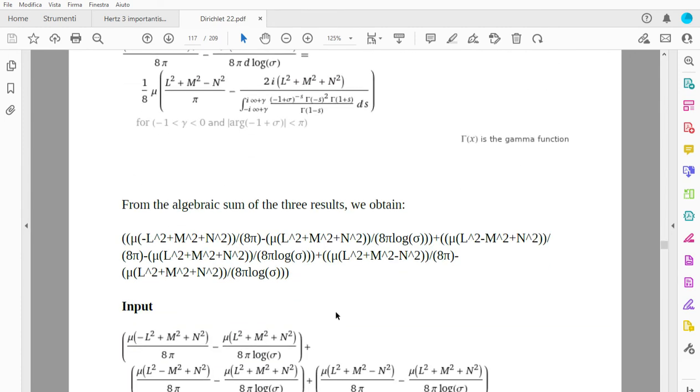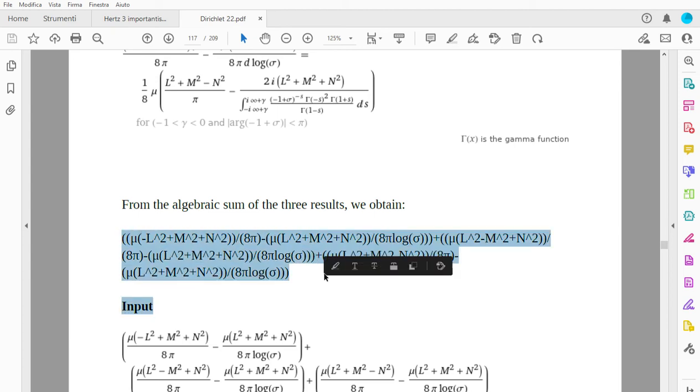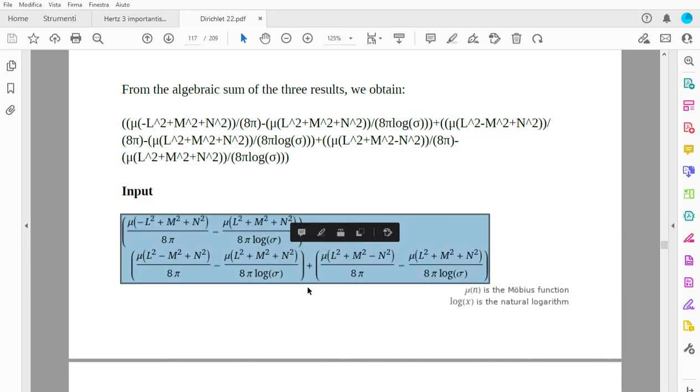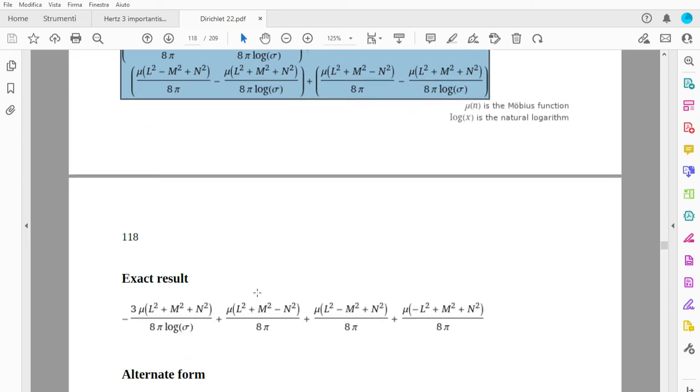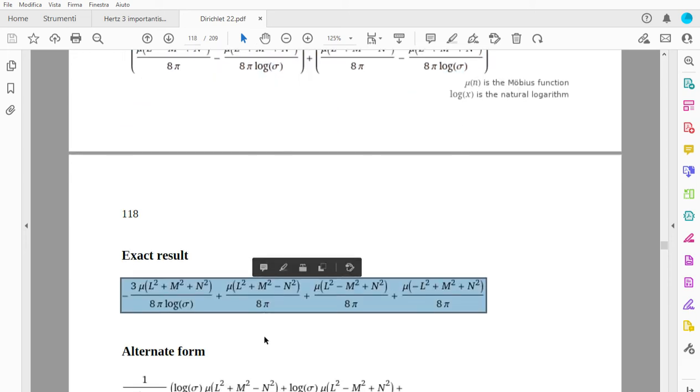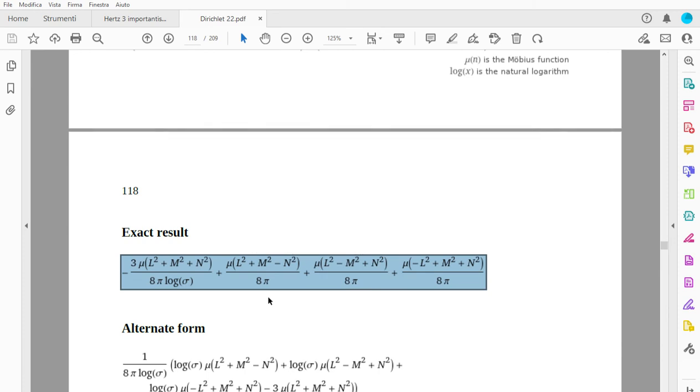Now, from the algebraic sum of the three results, we obtain this expression. That is the following. And the following exact result.